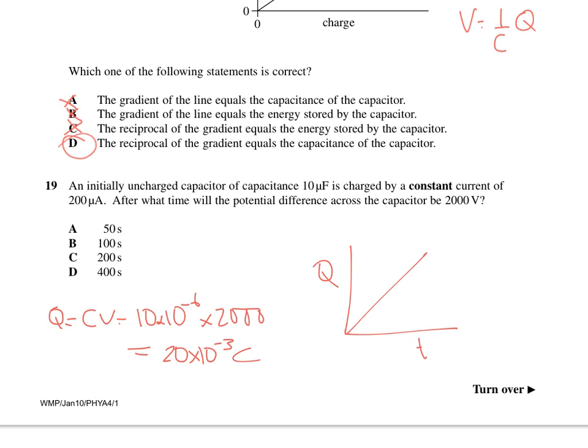And if we're charging by a current like this, remember Q equals IT, so T equals Q over I. So if we do 20 times 10 to the minus 3, and we divide that by current, 200 times 10 to the minus 6, that gives us a time of 100 seconds, so answer number B.